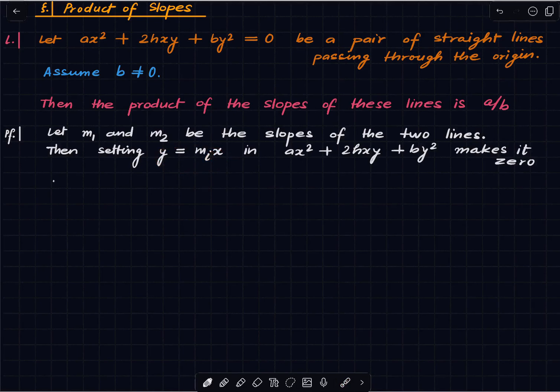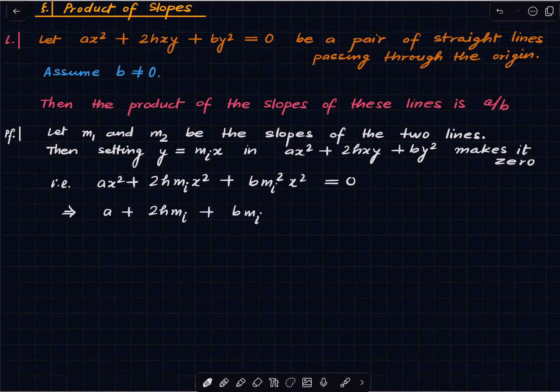So that is ax square plus 2h m_i x square plus b m_i square x square is 0, kind of repeating this step from the previous proof. So this implies, cutting one step short, a plus 2h m_i plus b m_i square equals 0. So this means that, again, this is for both i equals 1 and 2.